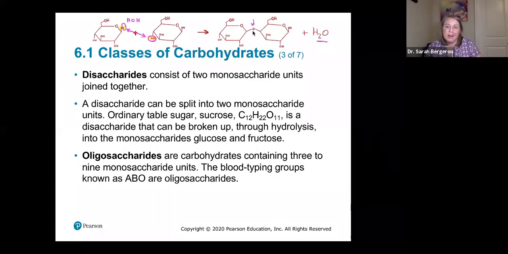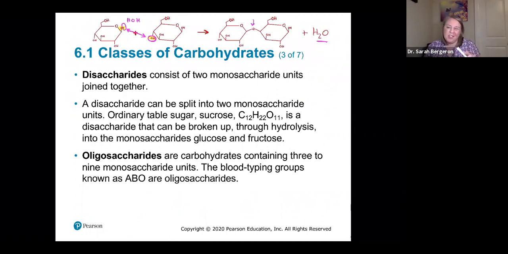If you have one disaccharide and you split it right here at this bond, you can make 2 molecules of a monosaccharide. So table sugar is a disaccharide that can be broken up, and you can do it just through hydrolysis. Remember, in hydrolysis, you have to have that water.